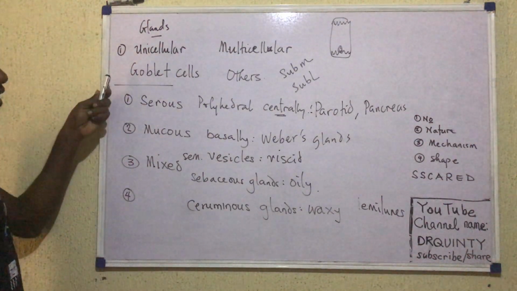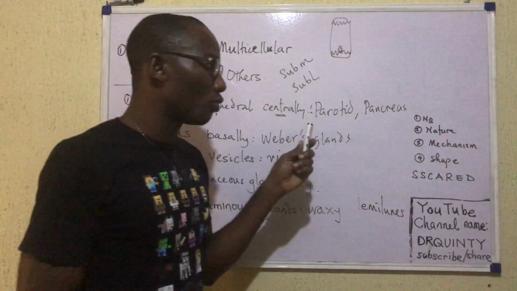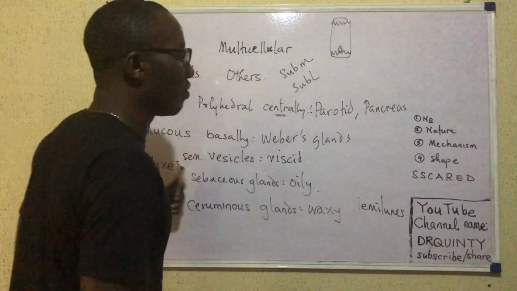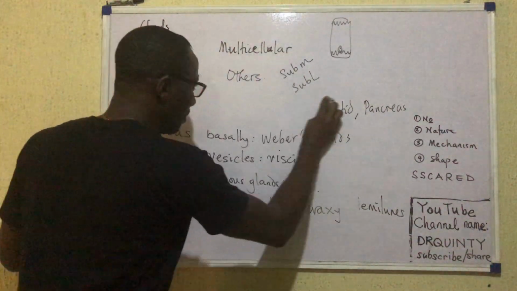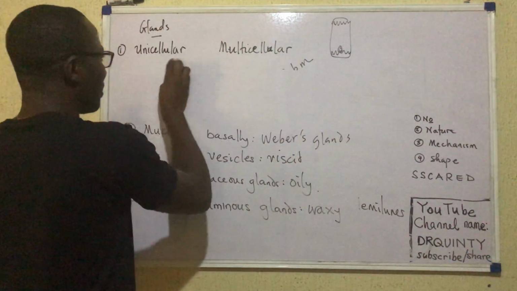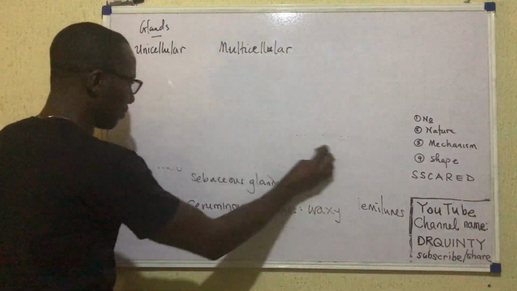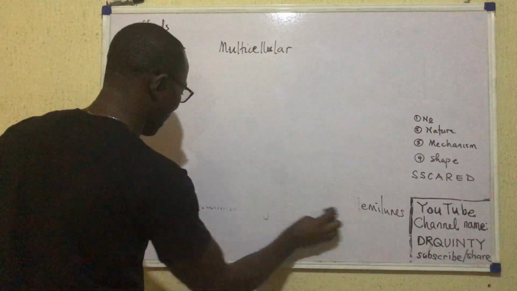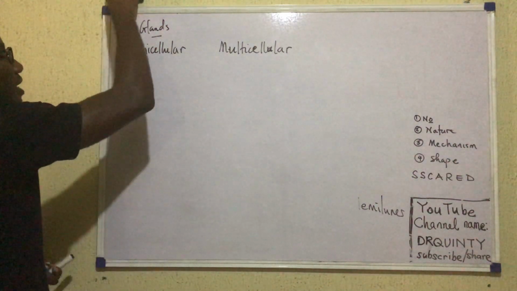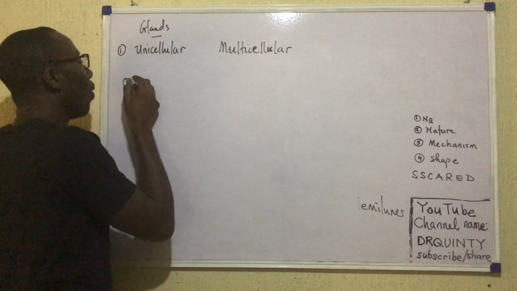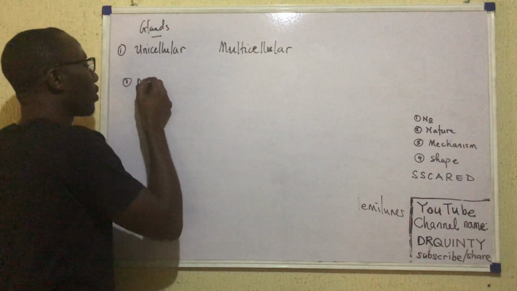So I'll leave that classification criterion number 2, which is nature of their secretions. Number 3 criterion would be mechanism. That is how they send out their secretion. Mechanism of secretion. In terms of the mechanism by which they secrete, glands may be classified into one, we have merocrine.